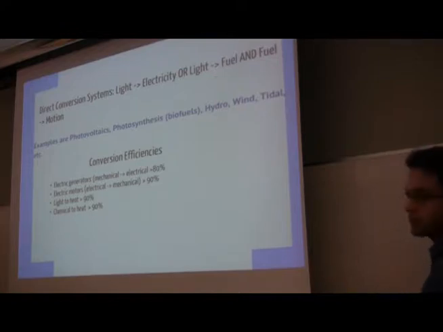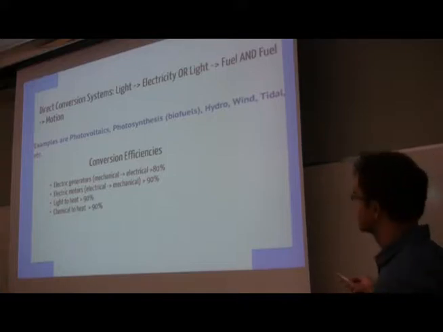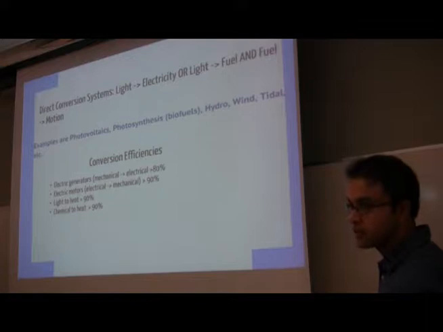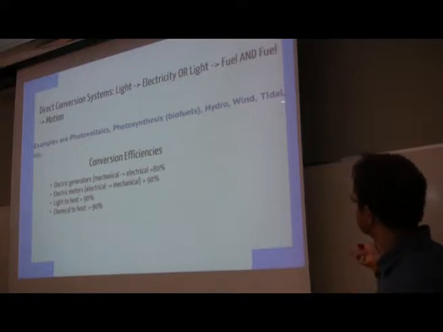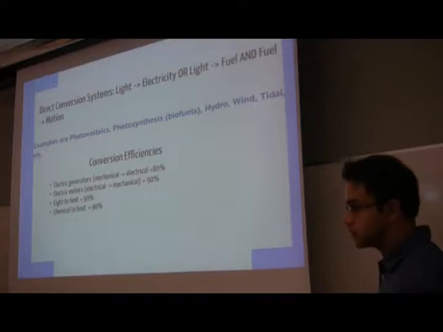Electricity, I was referring to a turbine or a motor, right? Either you're generating energy or you're using the energy to do some work. And the direct systems, the most familiar ones, are photovoltaics. Of course, photosynthesis. In that case, you're converting sunlight to fuel, food. Of course, all the other things like we talked about last time, hydro, tidal, wind, all that.